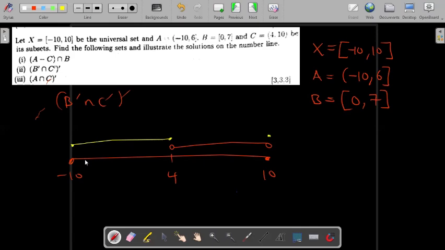You're not supposed to go to the other side, on +10, if there are no values, just remain there, because our universal set has finished here. So you can do it like that.